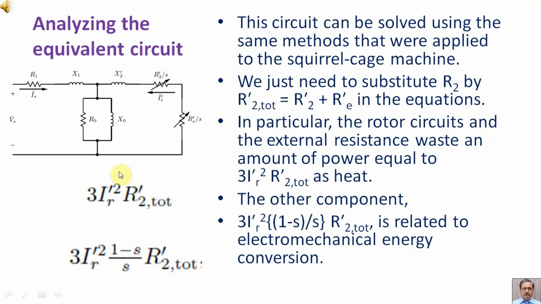The other component, 3 I'_R squared multiplied by (1 minus S) upon S, again multiplied by R'_2 total, is related to electromechanical energy conversion.